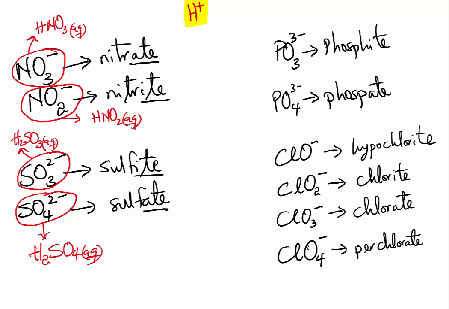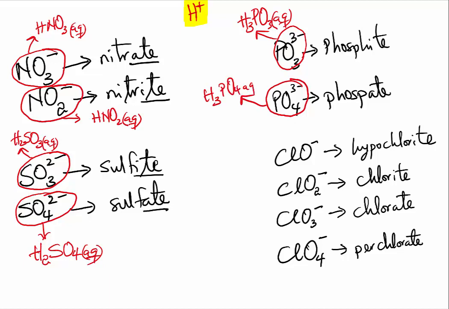PO3 with a charge of -3 on it will form H3PO3, and we will add the aqueous to indicate that it is dissolved in water. PO4 with a charge of -3 on it will need 3 hydrogen, so it will be H3PO4 aqueous. ClO will be HClO aqueous.